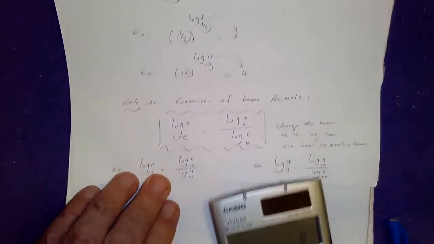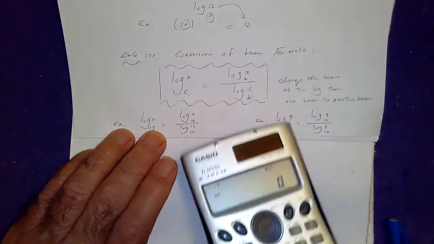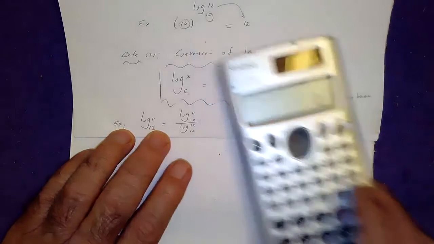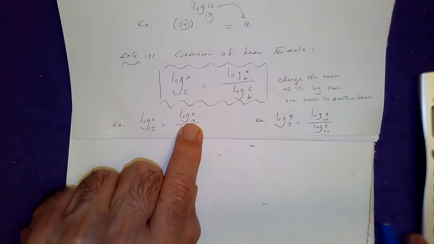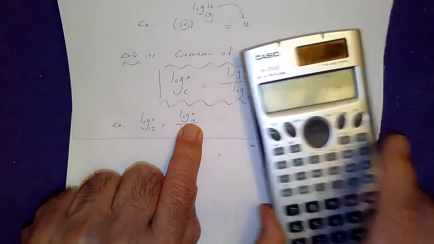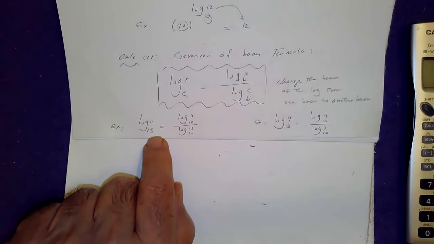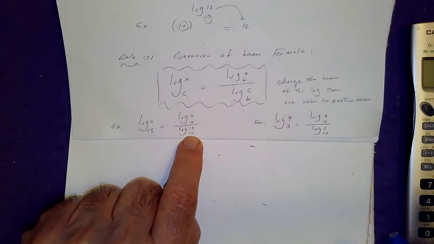So what if someone asks you to evaluate log of 11 base 13? Well, this log key has a base 10. So you have to use this formula to change the base to 10, and then you can use your scientific calculator. According to this formula, log of 11 base 13 is log of 11 base 10 divided by log of 13 base 10.